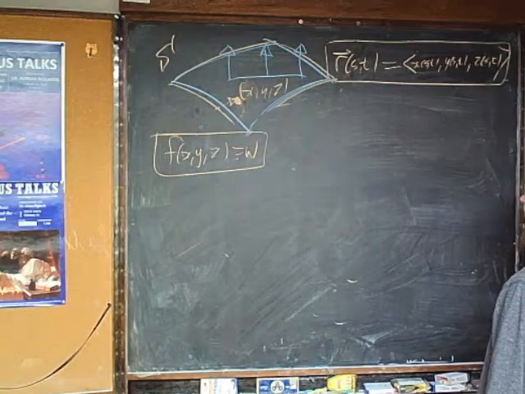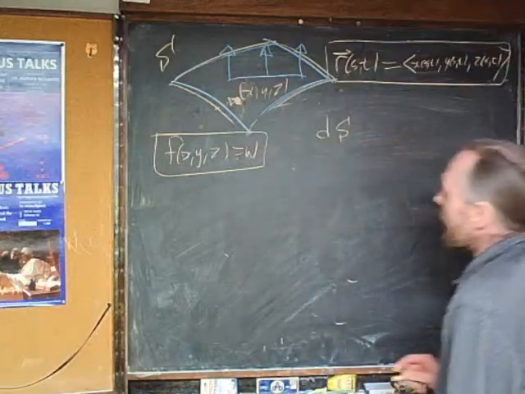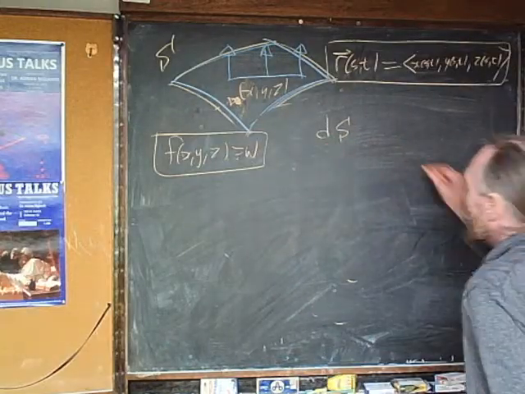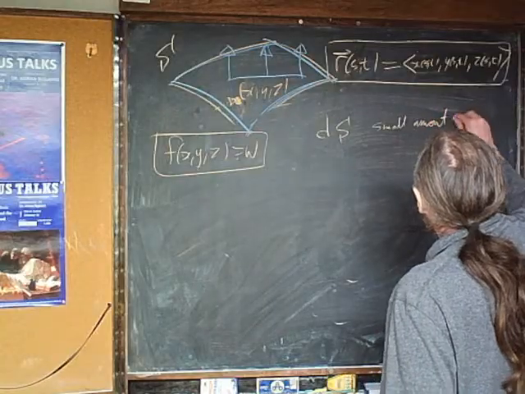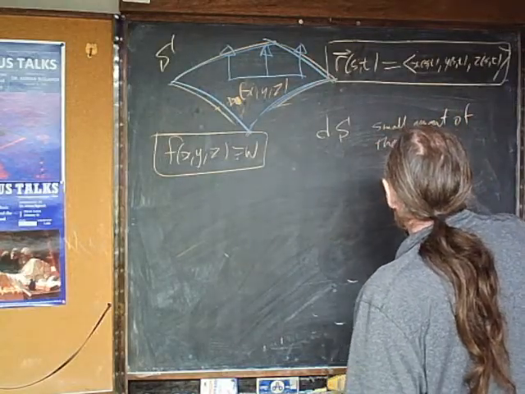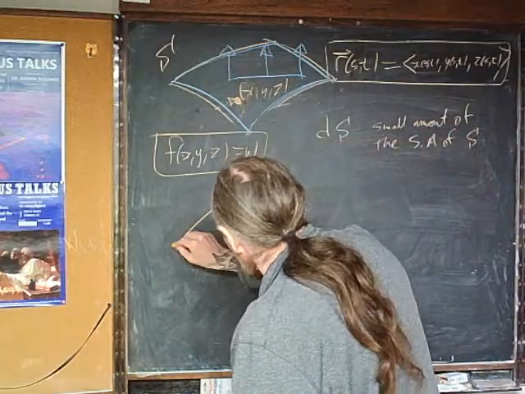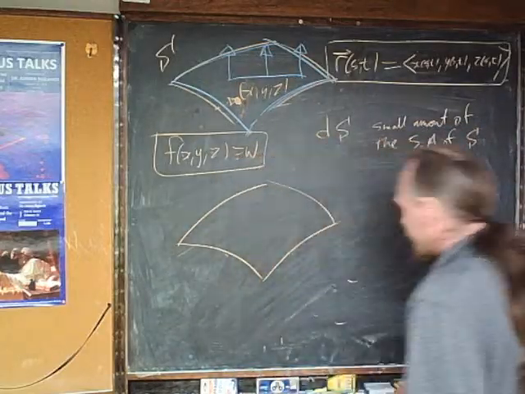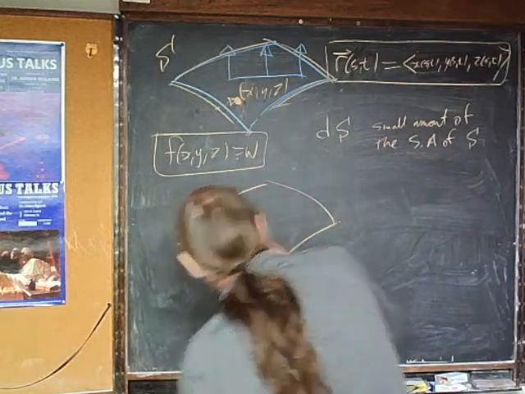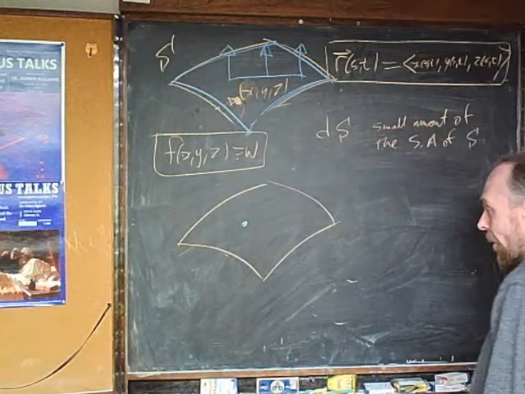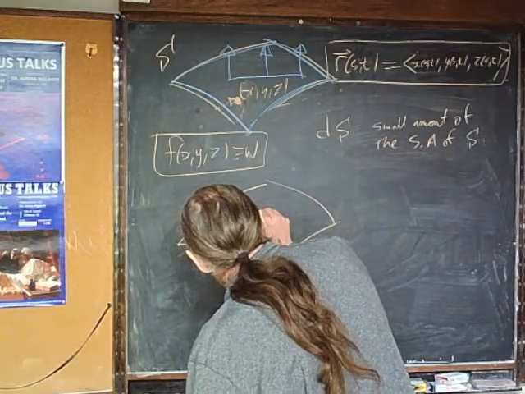All right, this tells me what we're going to do is, first of all, I need this ds, which is a small differential, or a small amount of the surface area of S. So I have this surface, and then what I want to do is at every point on there, I want a small amount of the surface area of the actual surface, so we'll draw it curvy.